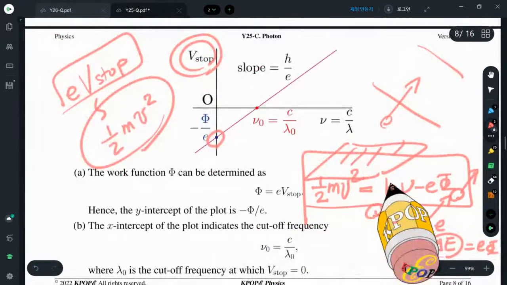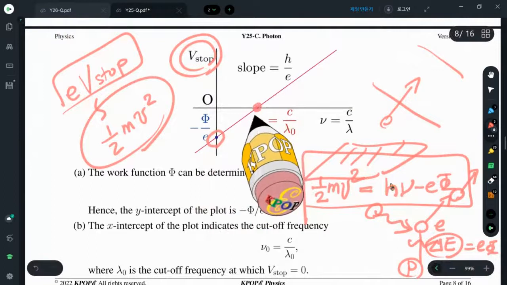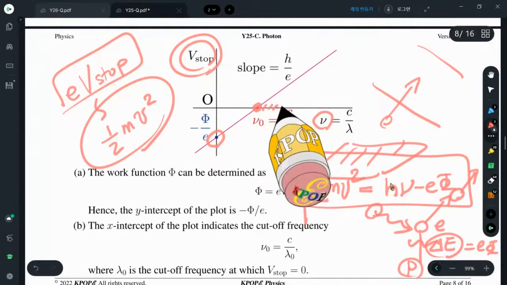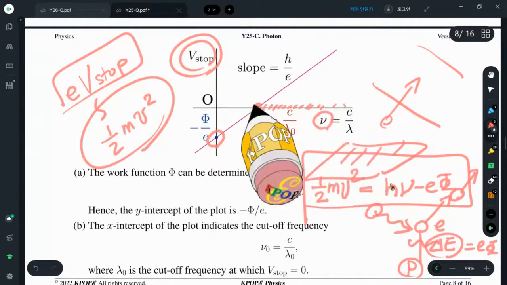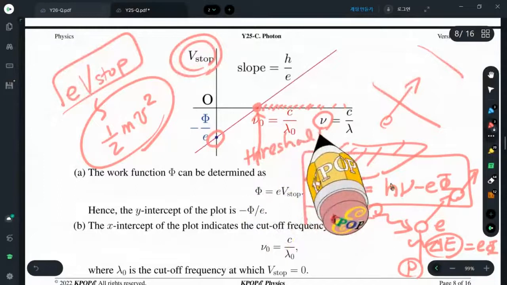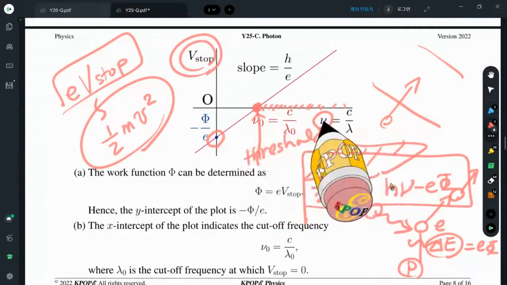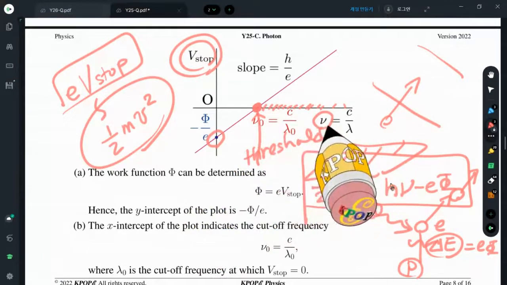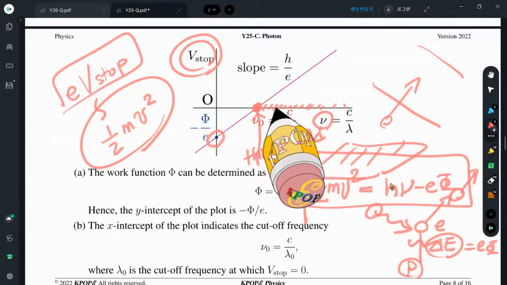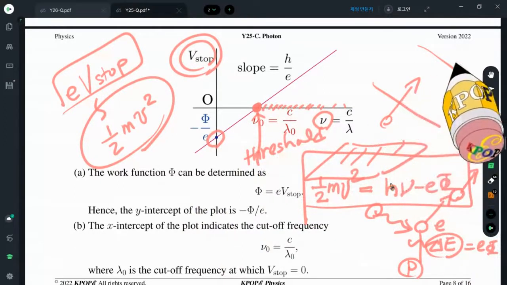Therefore, here we find that from a certain frequency, we have photoelectrons only in the region. This is a threshold. Above the threshold in frequency, or below the threshold of wavelength, photoelectrons are being emitted.